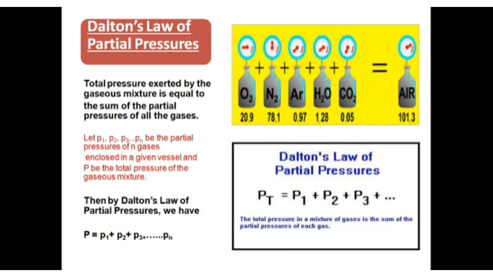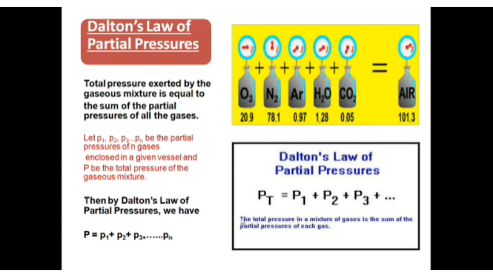Now the next law is Dalton's law of partial pressure. What this law says is that if in an enclosed vessel two or more gases which do not react chemically are present, then the total pressure exerted by the gaseous mixture is equal to the sum of all the partial pressures that each gas would exert when present alone in the same vessel at the same temperature.